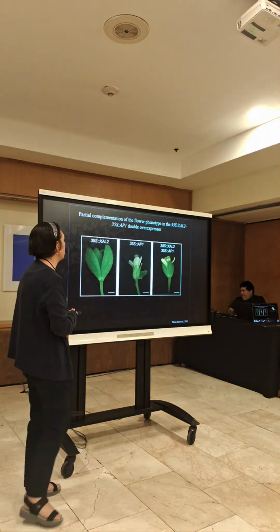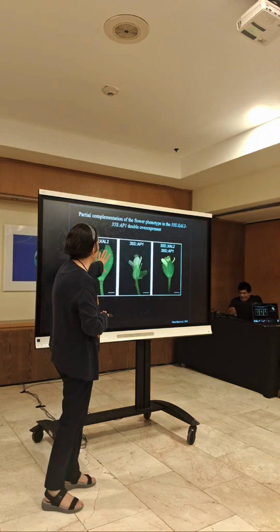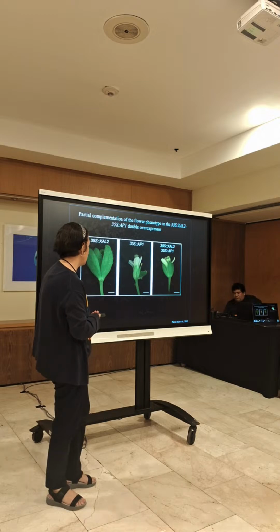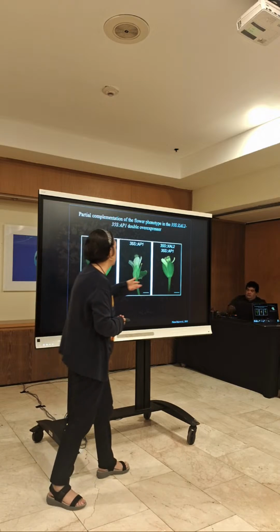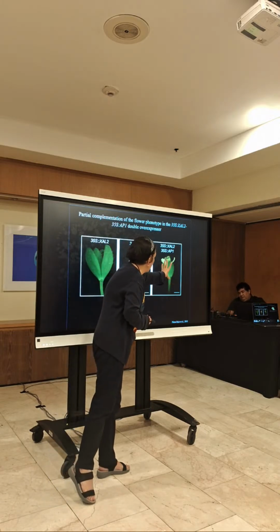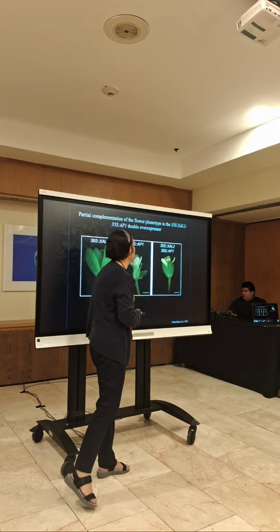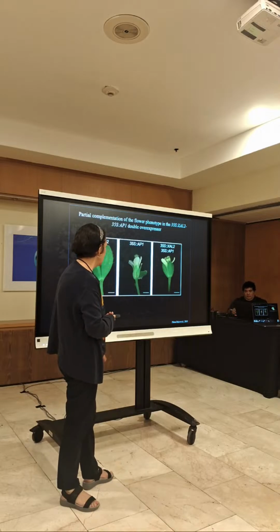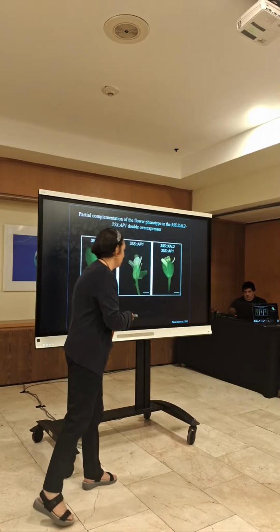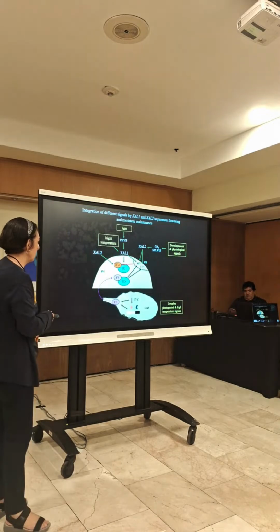We partially complemented the phenotype. You can see here the big sepals that have this vegetative characteristic, and in here the sepals were reduced. You can see now the petals coming up, and they have trichomes, simple trichomes.